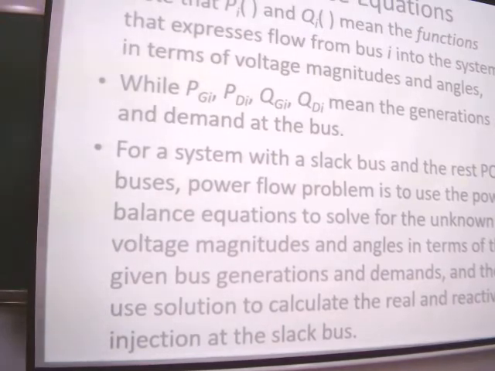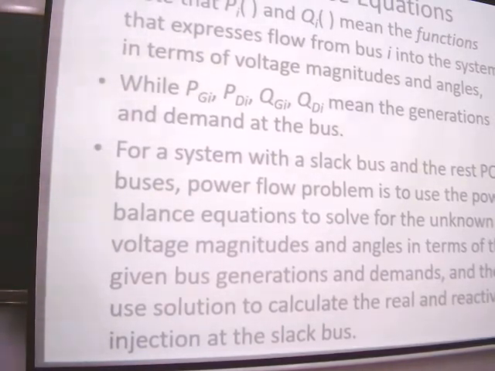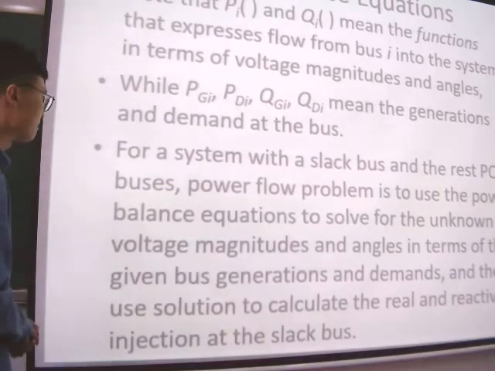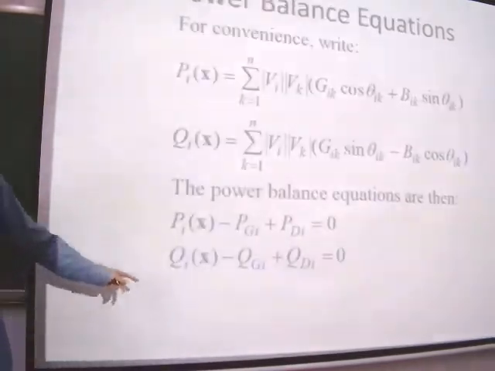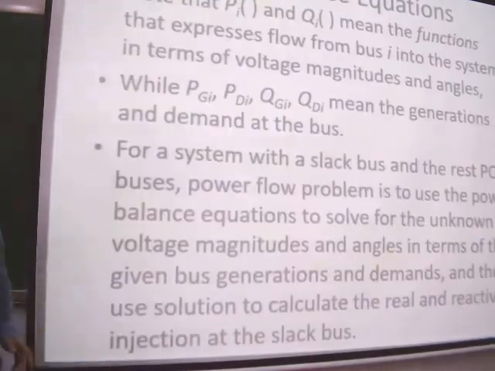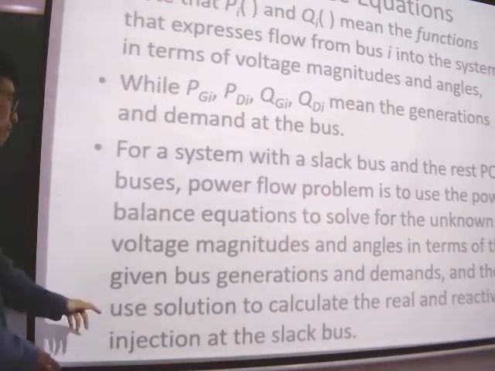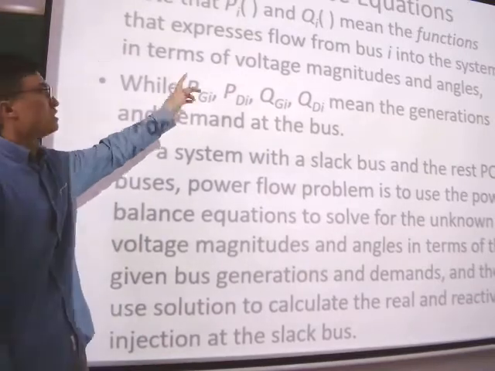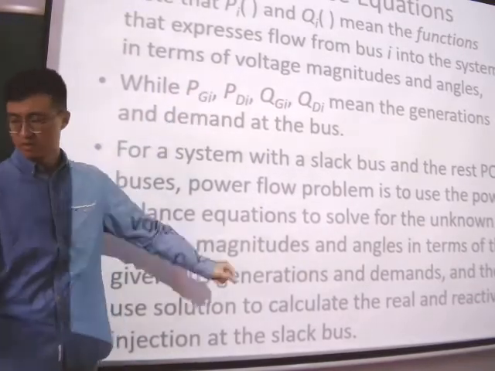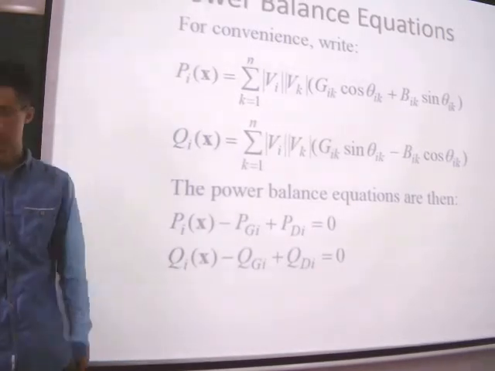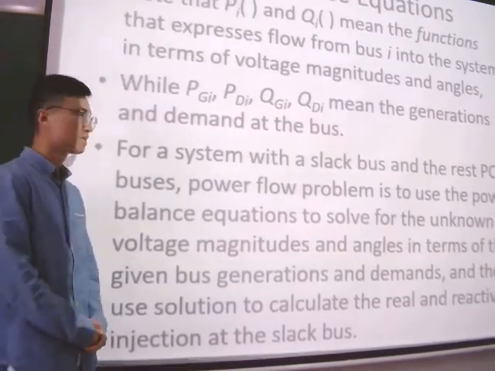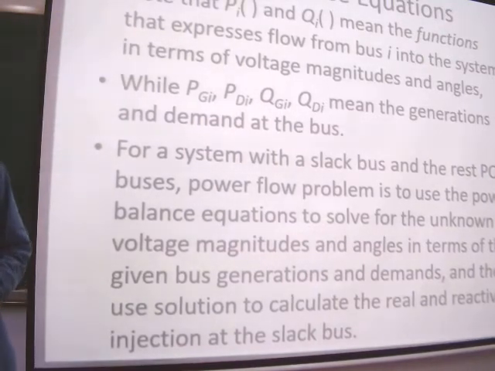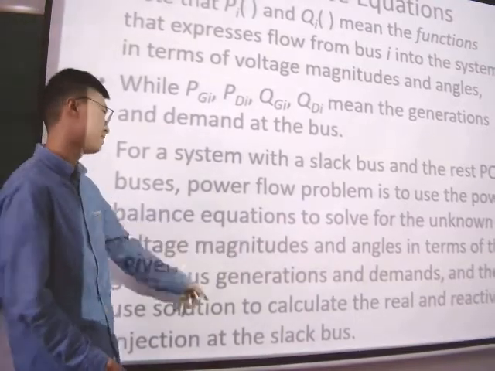For the system, we have a slack bus and the rest of the buses. The power flow problem uses these two power balance equations to solve for the unknown voltage magnitudes and angles, because we assume that in these power flow equations we know the P and Q. For the PQ buses, the unknown parameters at each bus will be the voltage magnitude and angle, right?